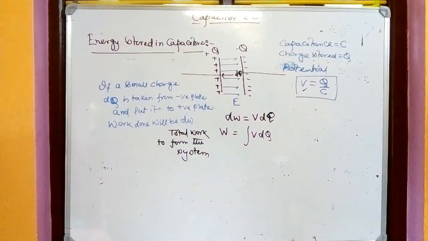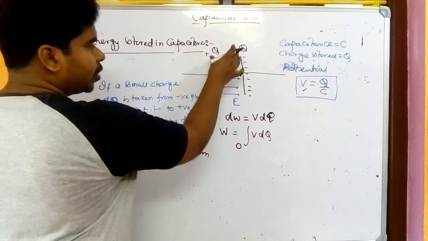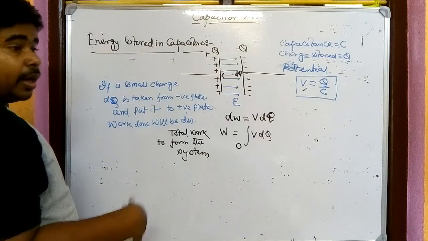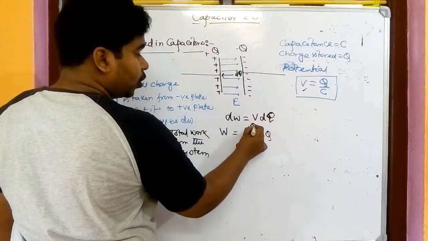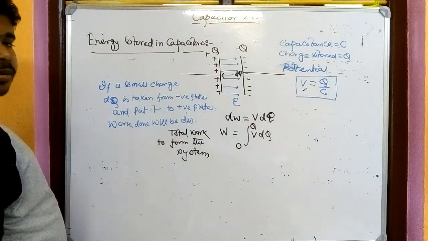Initially there is no charge, so the initial limit is 0, because initially when we have taken the two plates there is no charge, and finally the charge goes to capital Q. So 0 to Q, V dq.